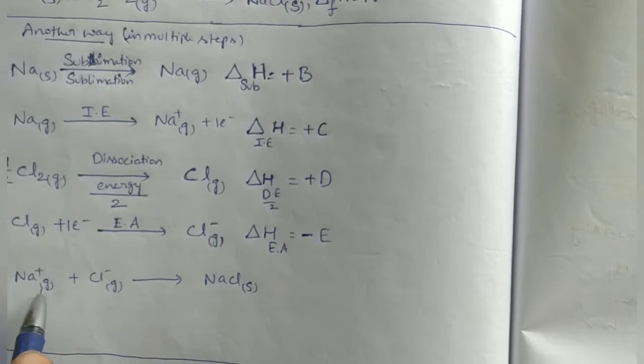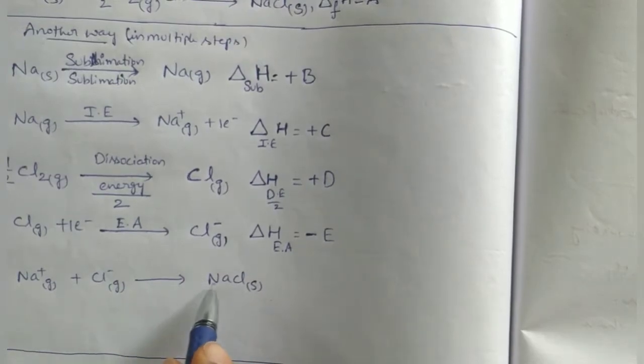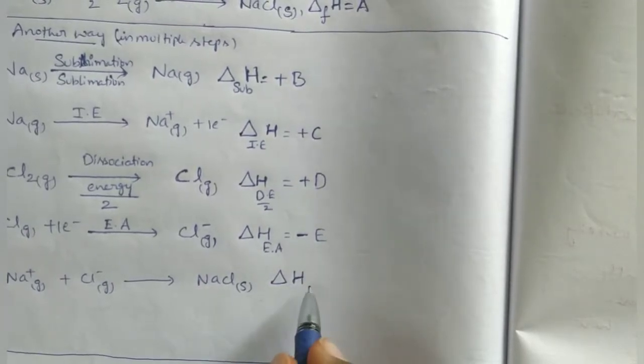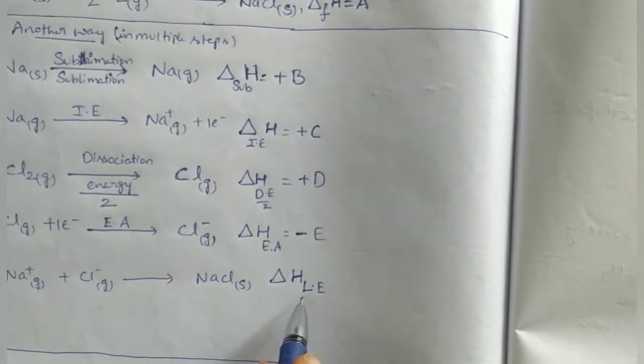When 1 mole of constituent positive charges and constituent negative charges are combined to form 1 mole of ionic compound, at that time, energy involved is called lattice enthalpy. LE is called lattice enthalpy.